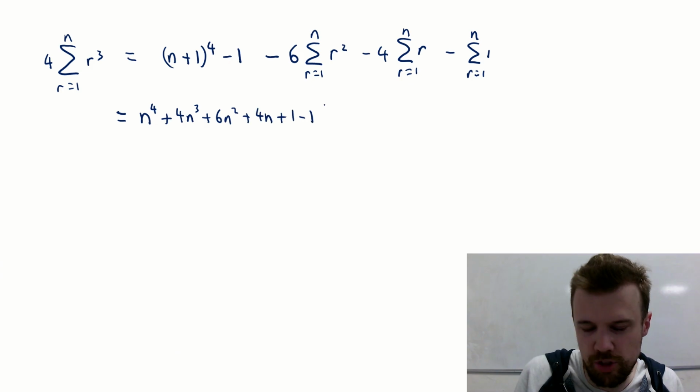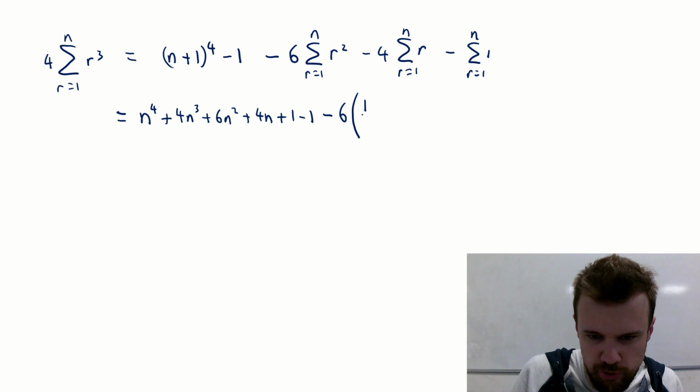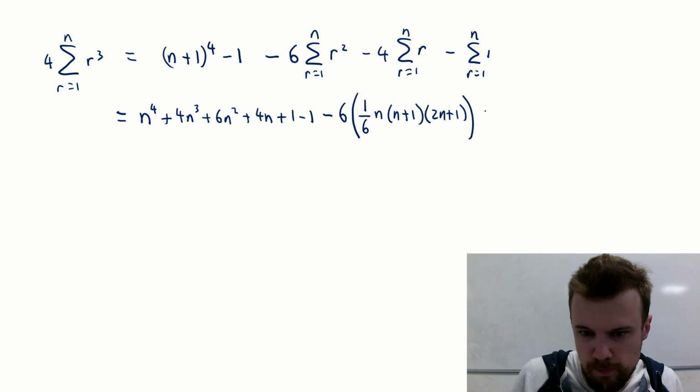And then we've got the 3 series formulas to plug in. So 6 lots of series formula for r squared, which is one of the forms I said you could write down from earlier. So that'd be 1/6 n plus 1, 2n plus 1. We've got minus 4 lots of 1/2 n plus 1. And then we've got just minus n on the end.